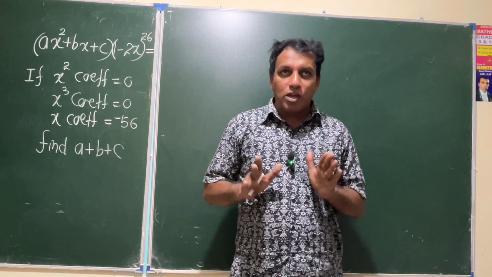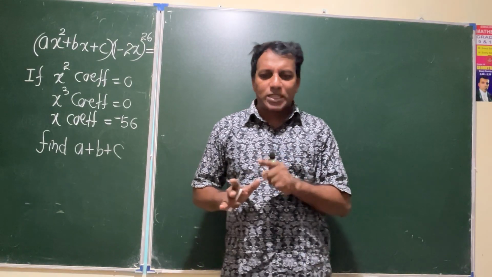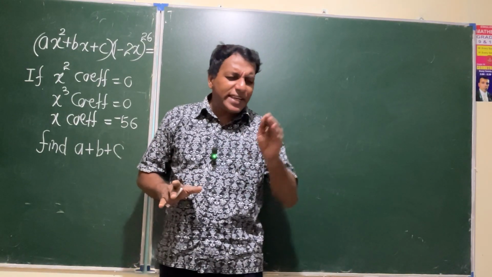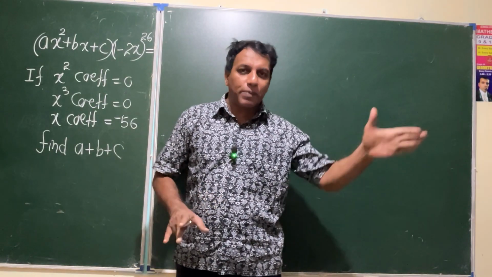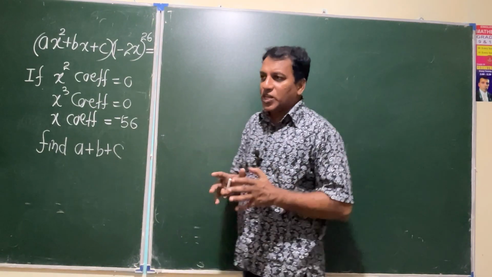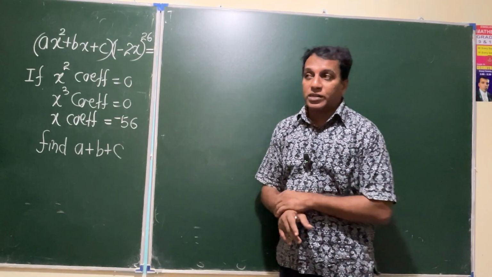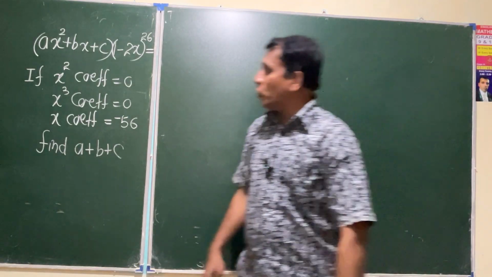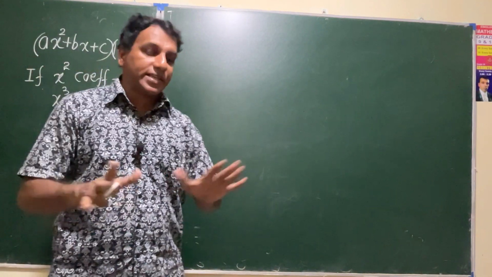Simple: (a + b) squared is a² + 2ab + b². What is (a − b) squared? a² − 2ab + b². A similar fashion can be extended to many powers using Pascal's triangle or the binomial theorem. Okay, it's a revision type problem. I won't teach the full theory part here.